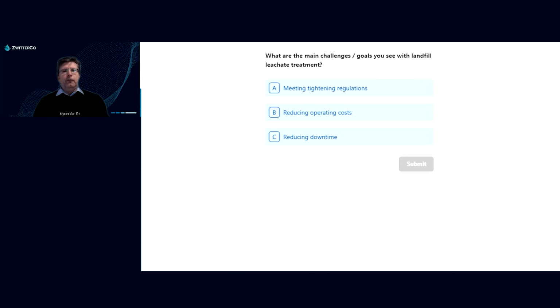Now, for the full audience, we will do a little bit of an online poll. If all of you could kindly take a moment and make a selection on one of the three options around what your main challenges and goals are with landfill leachate treatment. The first one is meeting tightening regulations. The second is reducing operating costs.